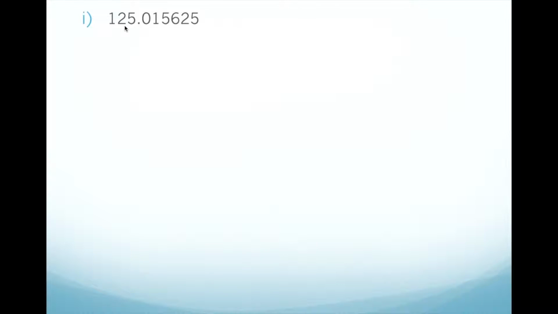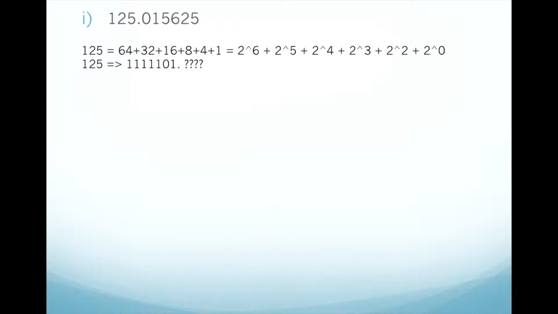This part's easy. You just convert this over from decimal to binary. There are many different ways to do it. You can take 64 plus 32 plus 16 plus 8 plus 4 plus 1, and that equals 125.